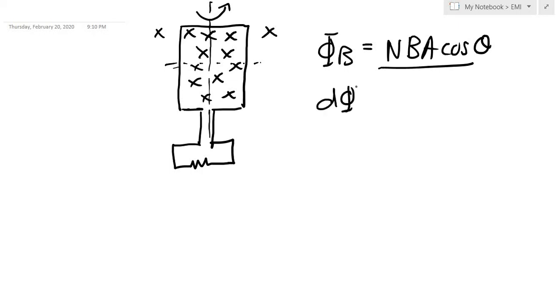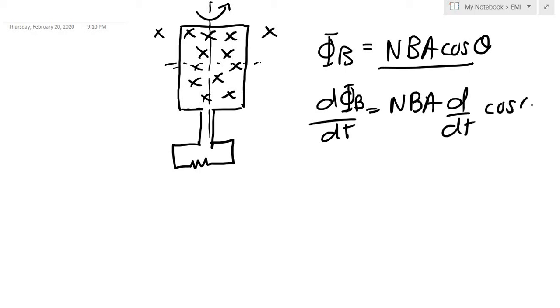So d phi over dt would only constitute, well, let me differentiate this. NBA d over dt of cosine of theta.